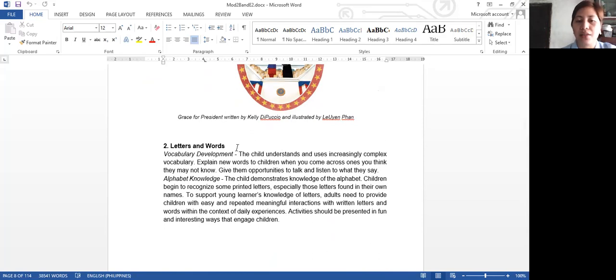So letters and words are important for them to recognize and identify the things that they are using.